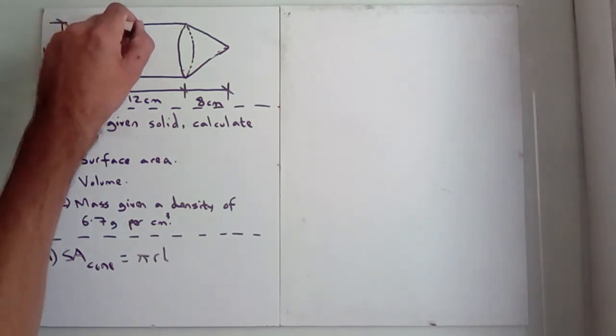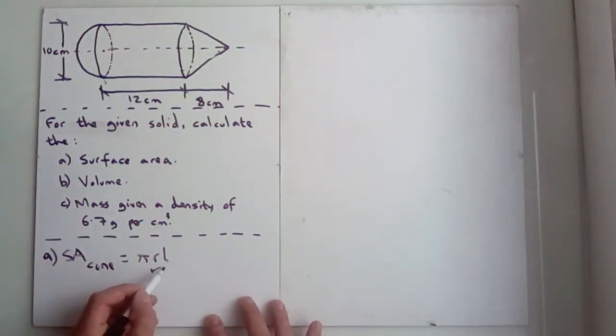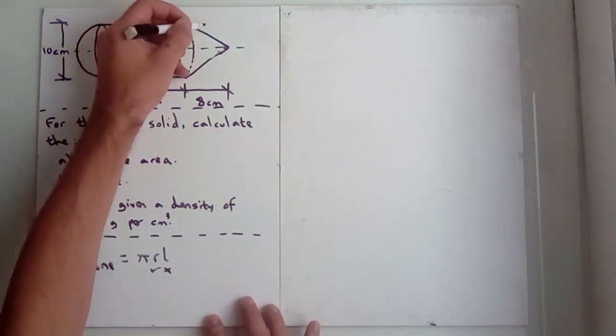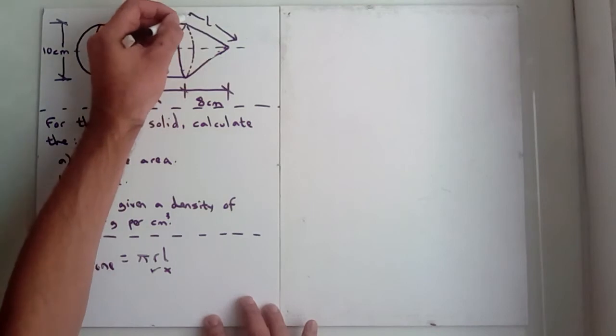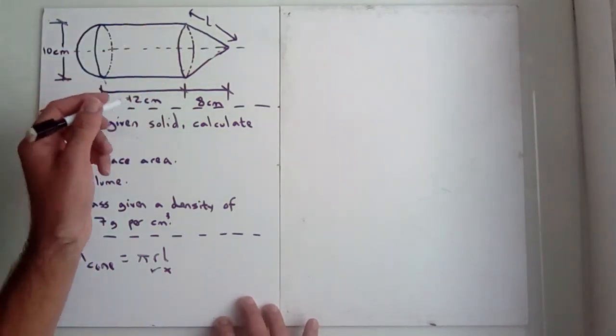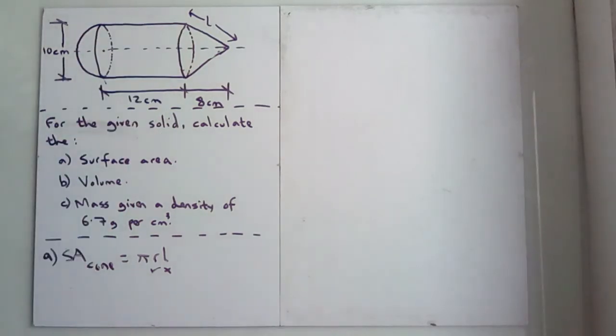If I draw a line like that, then R is going to be 5. So R is no problem. L I do not have. L is this length here, this slanting length. That I'm going to need to find. I'm told that this is 8. I know that this is 5. So for L, I'm going to have to do a bit of work.